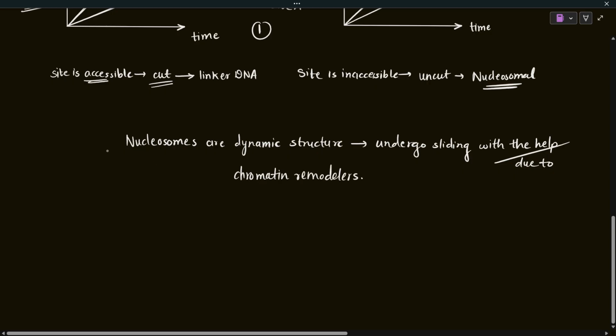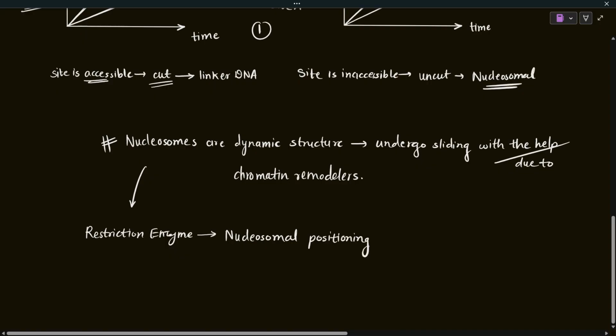This is a well established fact, and now using the restriction enzyme, which has multiple cut sites on the chromatin, you can predict the nucleosomal positioning.